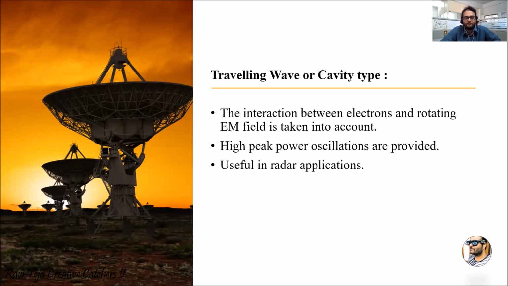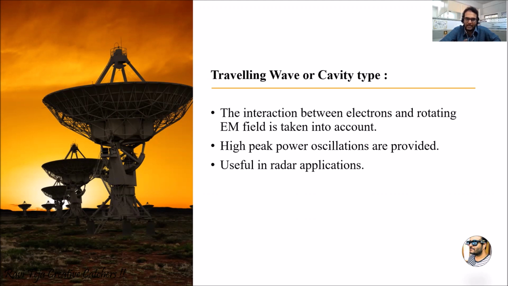Whenever there is an interaction of the electron beam with RF signals, there is high efficiency. So in the traveling wave or cavity type, the interaction between electrons and the rotating electromagnetic field is taken into account as usual.